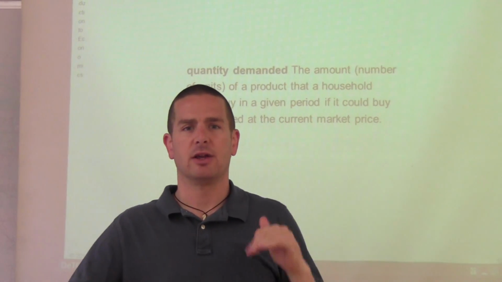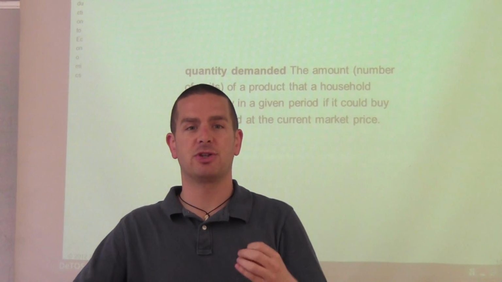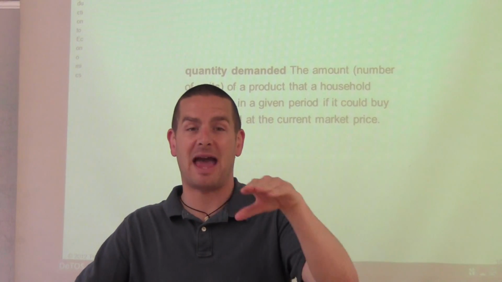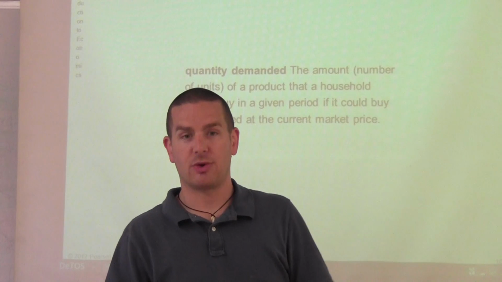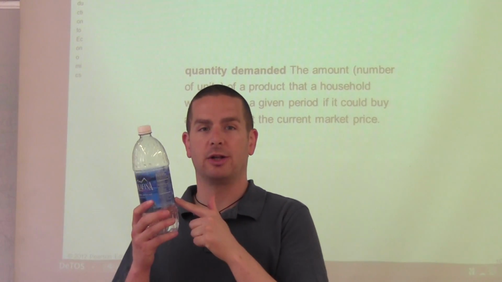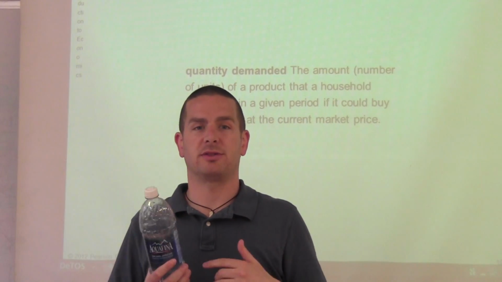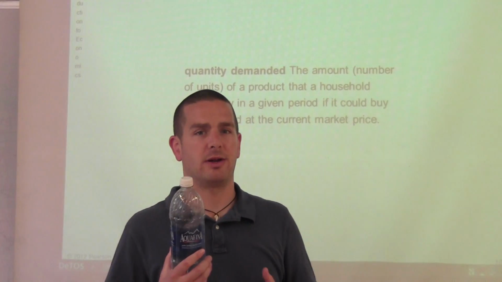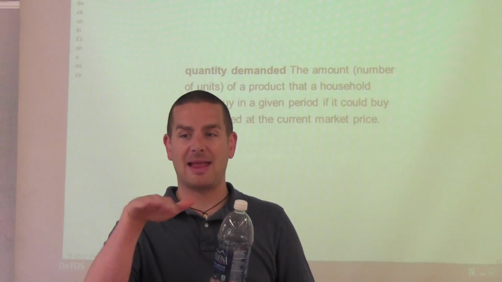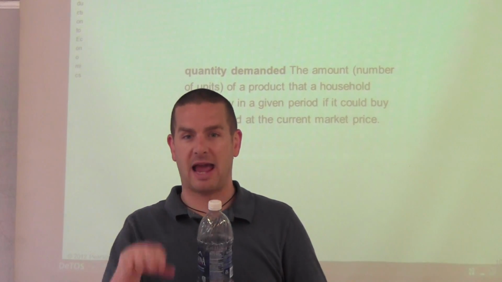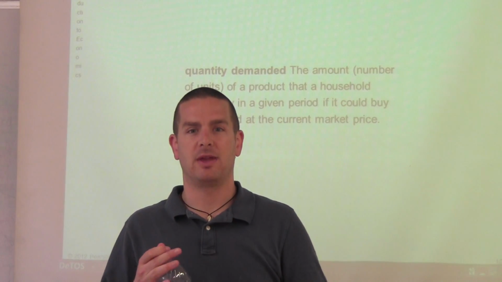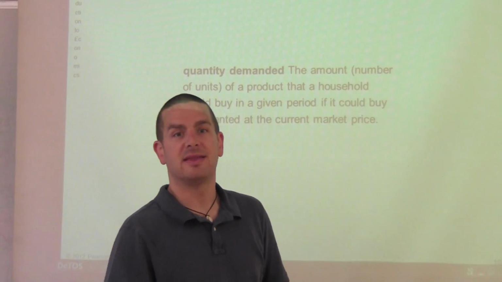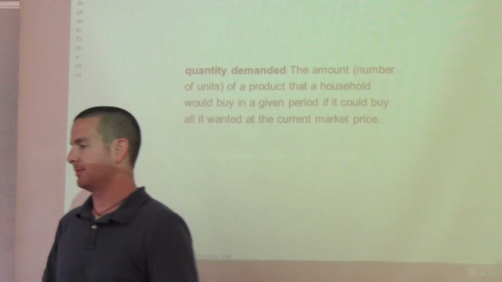So let me say that again. Quantity demanded is how much of a product you are going to buy at that price. So at a price of $1, you buy 3 water bottles. At a price of $2, you buy 1 water bottle. But it's at that current price, the price that exists, how much are you going to buy? That's quantity demanded.